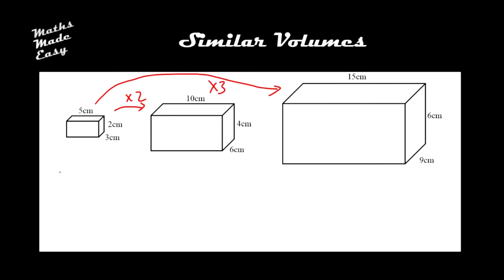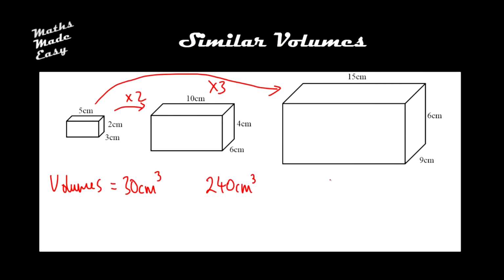Well, the first one is 5 times 2 times 3, which is 30 centimeters cubed. The second one would be 10 times 4 times 6, which is 240 centimeters cubed.